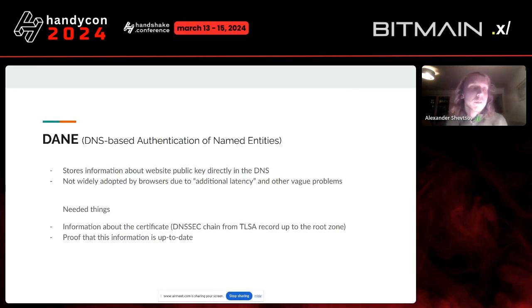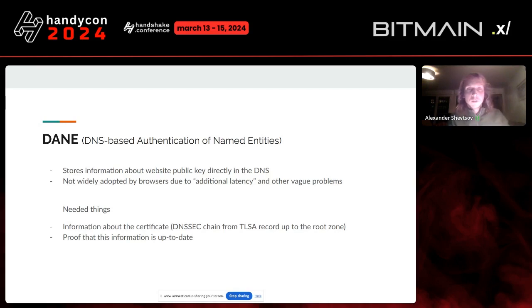However, it's not widely adopted by browsers because they say that it adds some latency and that DANE authorities and DNSSEC authorities use too weak keys, and that's why they don't adopt it as long as they have another option, namely just certificate authorities.